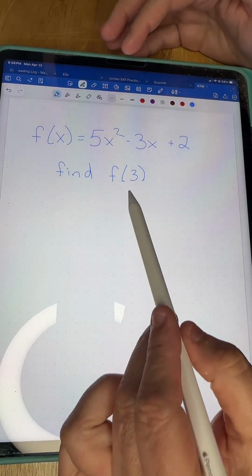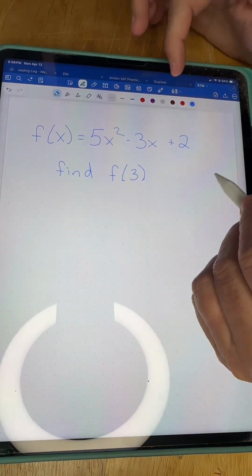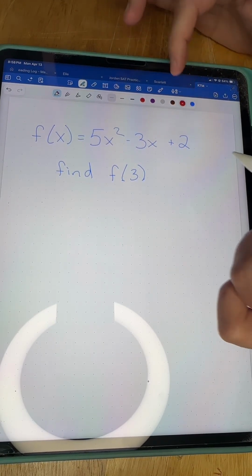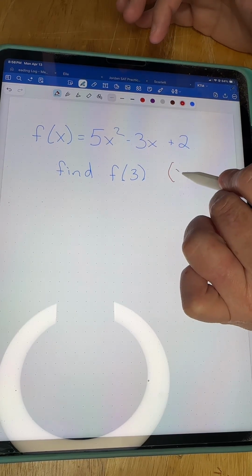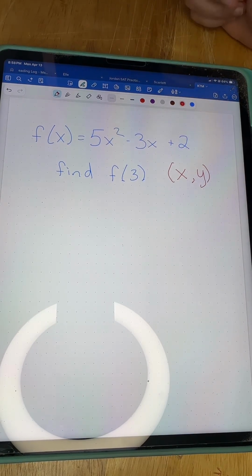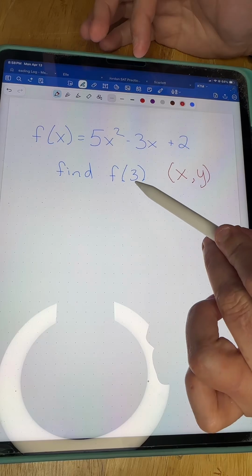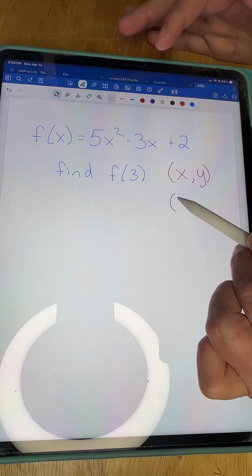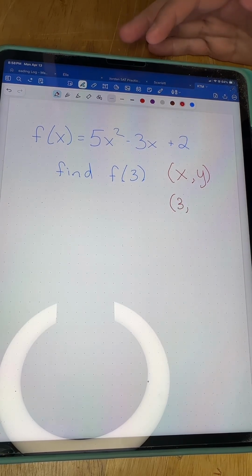For this, our x value for our solution coordinate, so we have our (x, y). Most of you guys, even if it's been a minute, you remember graphing and you remember your xy coordinates. Your x value is whatever is in that f of x. So in this instance, it is going to be 3.